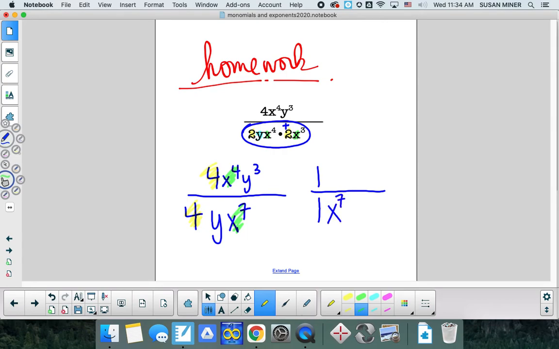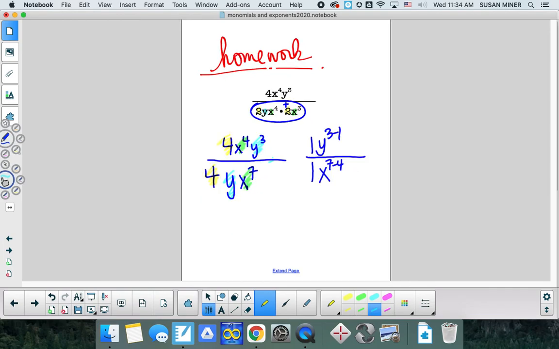And so that's going to be 7 minus 4 in the denominator. Then I'm going to combine my y's. There's a y and there's a y. Where are there more y's? In the numerator. 3 minus 1. And then I can simplify one last time to get 1y squared over 1x to the third.